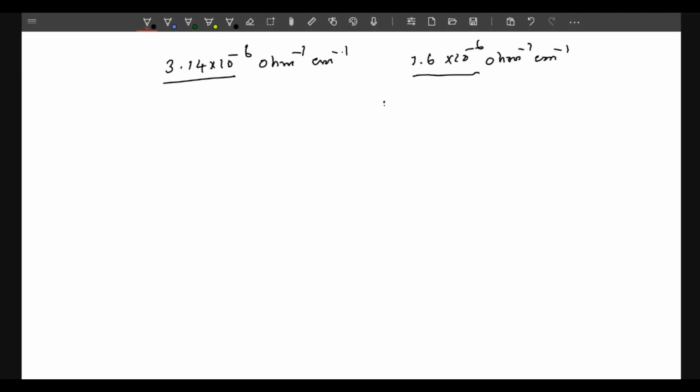Given lambda naught of silver, the equivalent conductance or molar conductance of silver, is equal to 68.3, and that of chloride is 70 per ohm per centimeter square, centimeter square per equivalent.